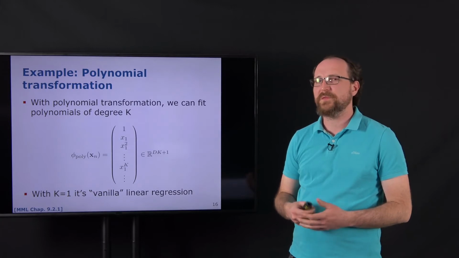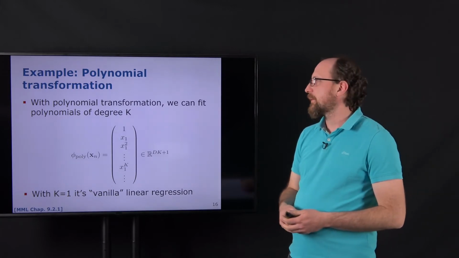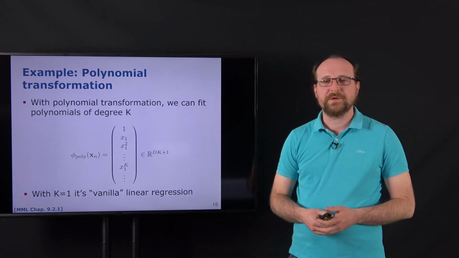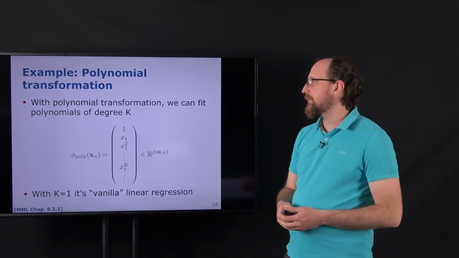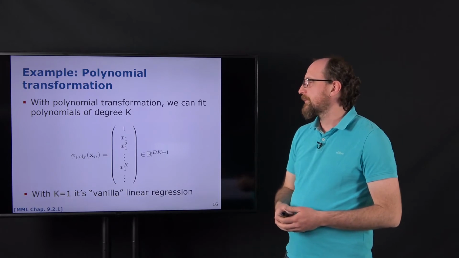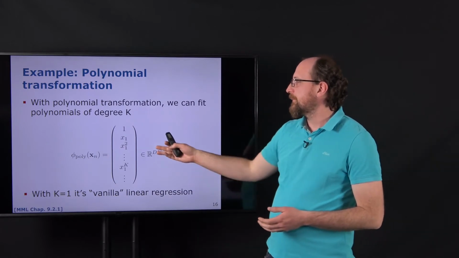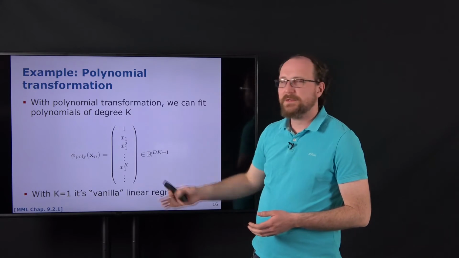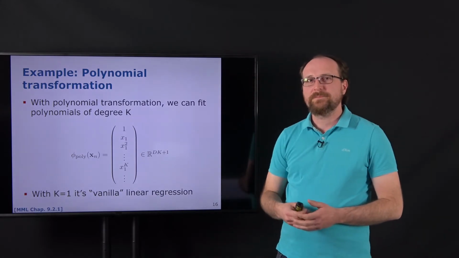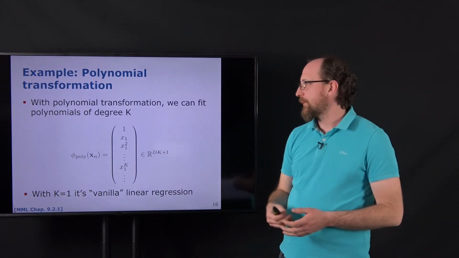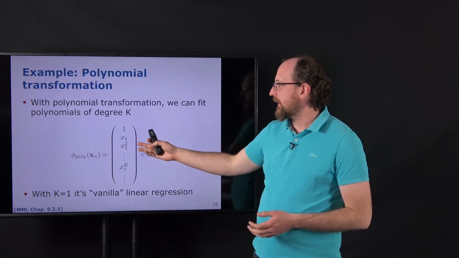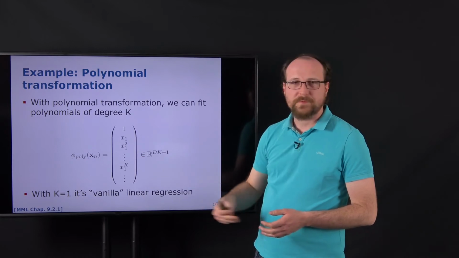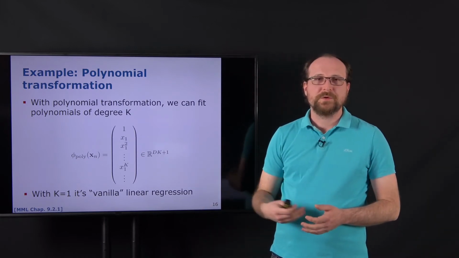And one specific thing that one can do to also fit nonlinear functions is to use the polynomial transform, where we just replace all x's by the polynomial transformations of them. So that means we turn the x1 of a vector to x1, x squared, x cubed, and so on and so on.